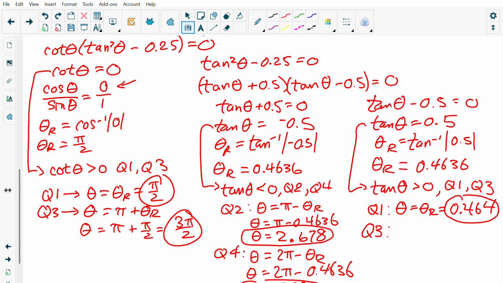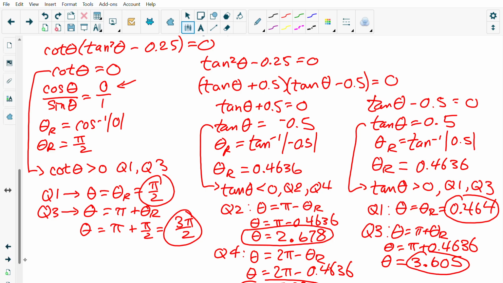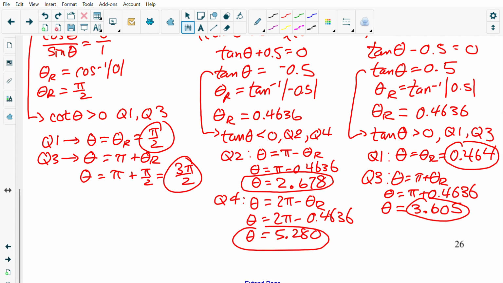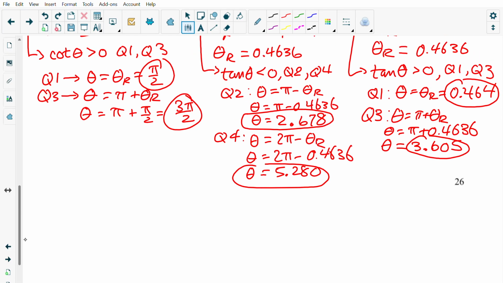And then in quadrant 3, my angle in standard position equals pi plus my reference angle, so that equals pi plus 0.4636. My angle in standard position is 3.605. Okay, we got 1, 2, 3, 4, 5, 6 different solutions.